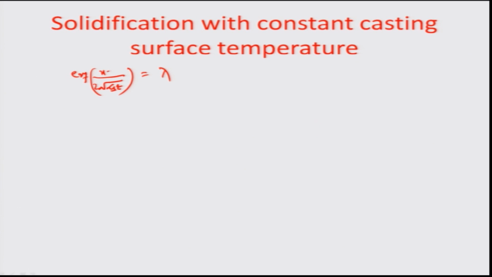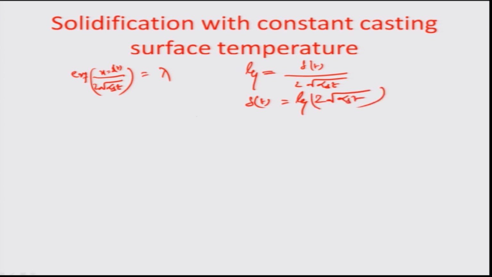Further, let x equal delta t. So, further let us assume that there is another ratio defined as zeta, which is equal to delta t by twice root of alpha s t, or in other words, delta t is basically zeta times twice root alpha s t, and we have the term written as error function of zeta equals lambda.